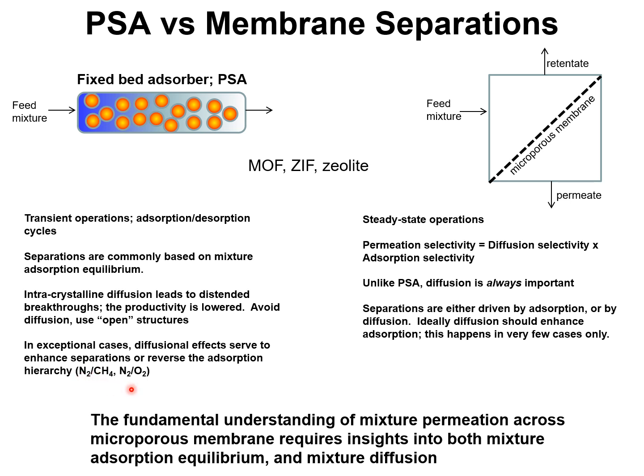Another example is the separation of nitrogen and oxygen. In most materials, nitrogen is most strongly adsorbed due to its significantly higher quadrupole moment.